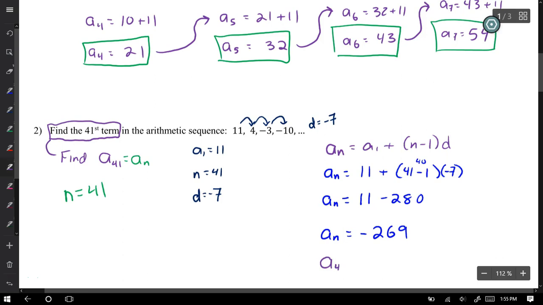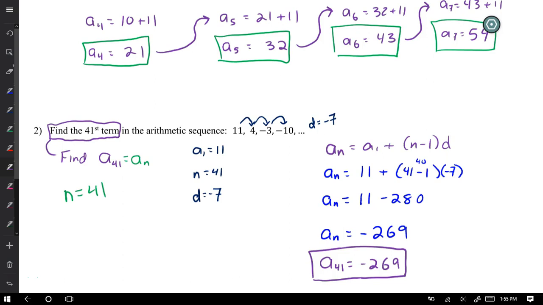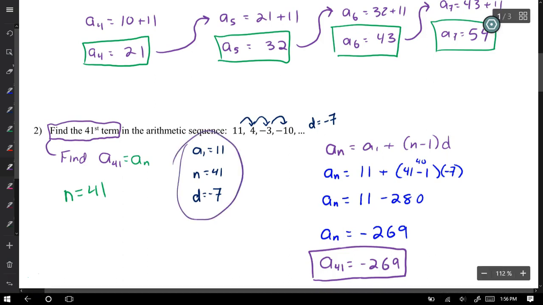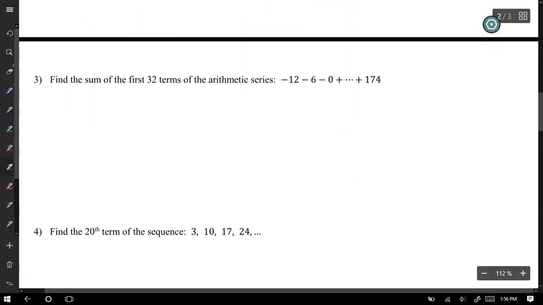So that represents the 41st term. 41st term, a sub 41, is negative 269. So not too bad using the formula for it. Always kind of make a list of what you know, maybe even try and identify what you're trying to find, and go from there.